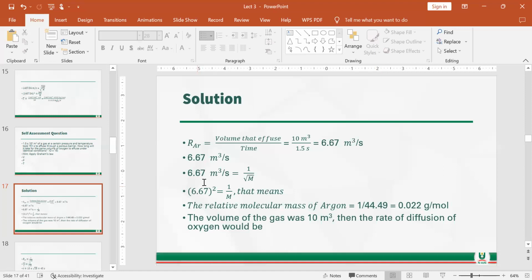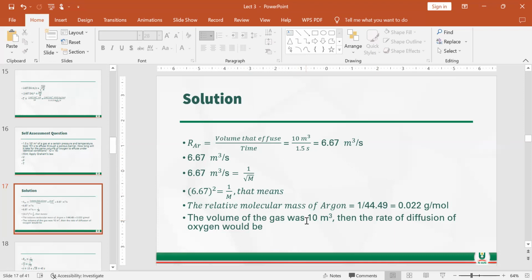So the rate is inversely proportional to the molar mass. So the rate will be approximately equal to 1 over the square root of the molar mass. And that means the relative molecular mass of the compound will be given as 1 over the square of the rate, and that is what you have here.